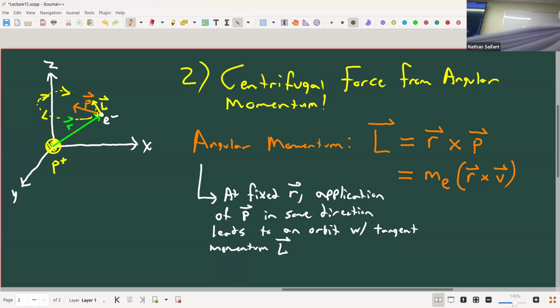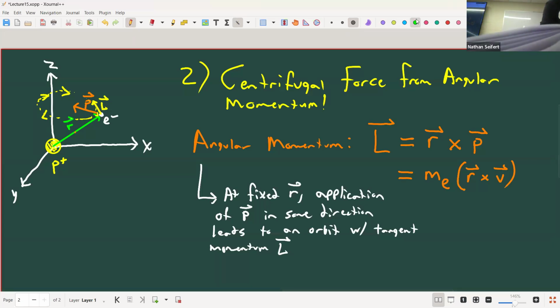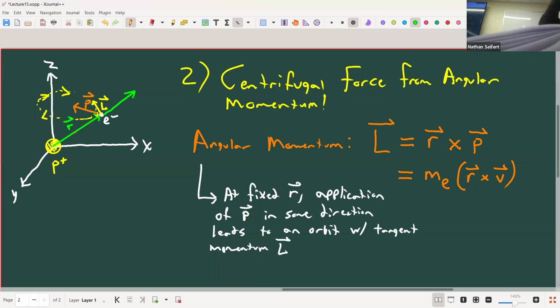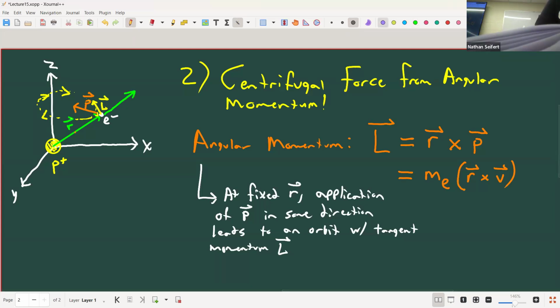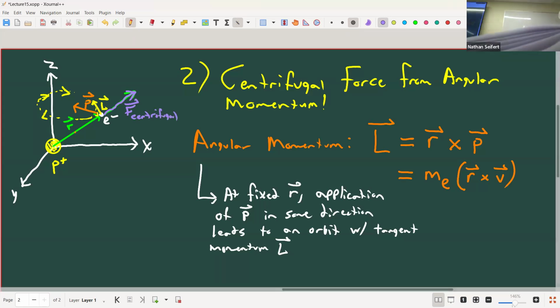So what's happening effectively relative to the proton is there's a net force in the opposite direction resisting, let me do a different color, there's a net centrifugal force resisting the pull of the electrostatic potential.